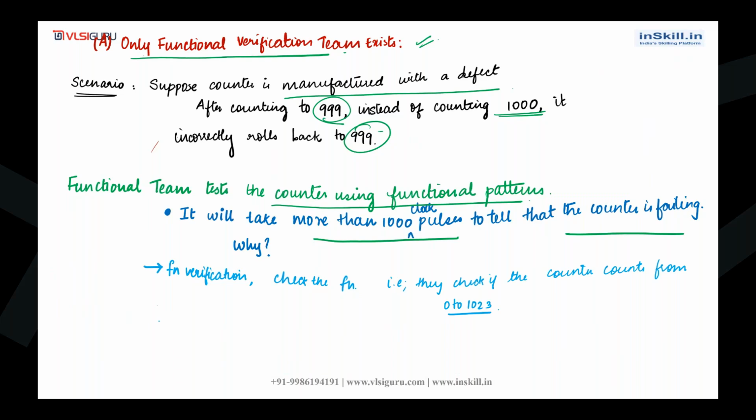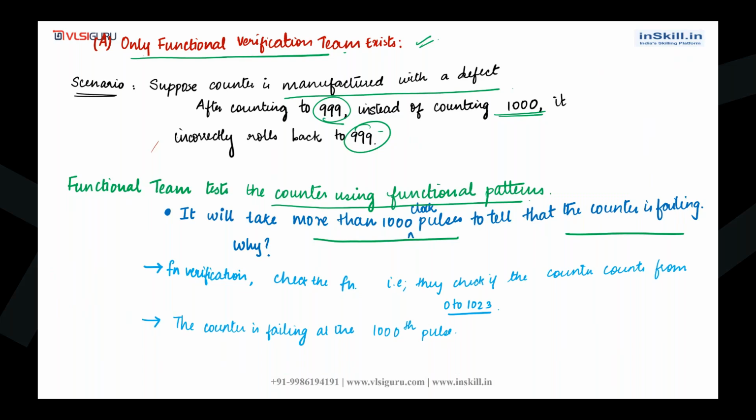Now in this case, what is happening? The counter is failing at the 1000th pulse. Why?